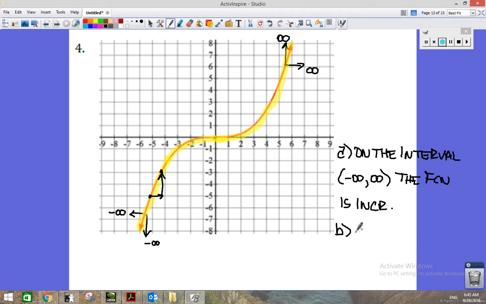This function is never decreasing, and this function is never constant. It is an increasing function everywhere.